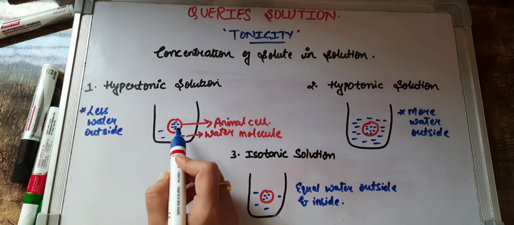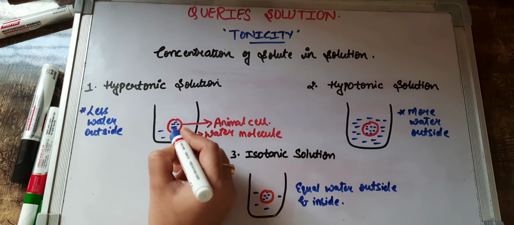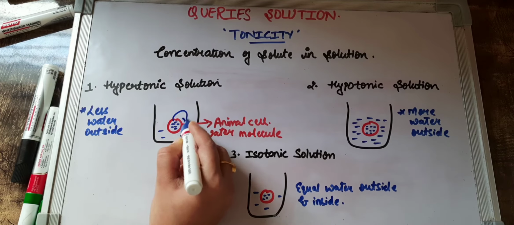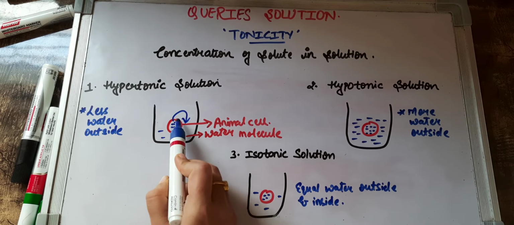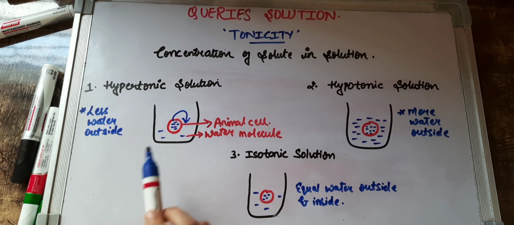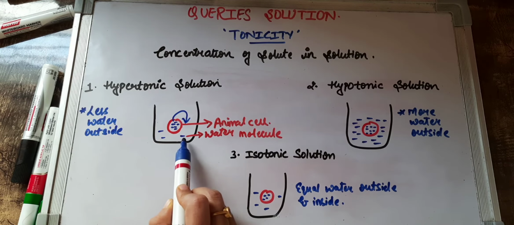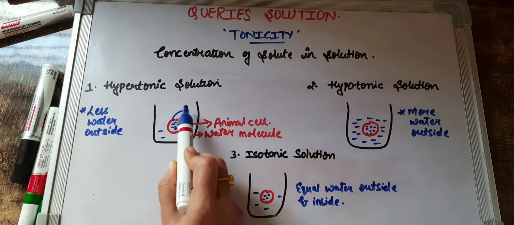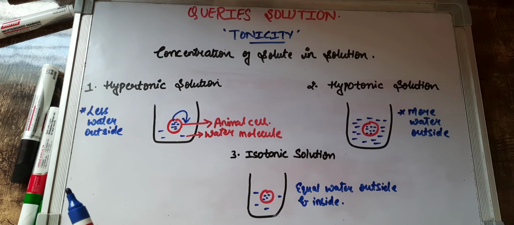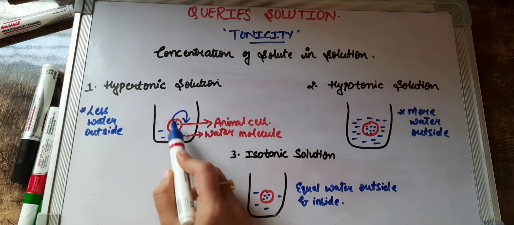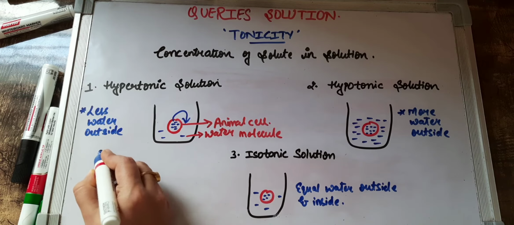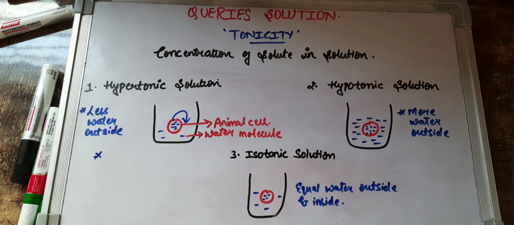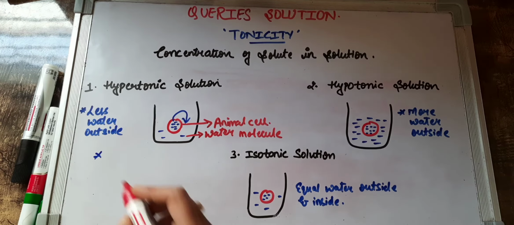So in this condition, water will move from inside the cell to the outside. Why from inside? Because here the concentration of water is higher. Outside, in a hypertonic solution, the concentration of water is lesser. So since the water will move from higher concentration to lower, what will happen in this case? If the cell keeps on losing water, what will be the nature of the cell? Majorly, children, the cell is going to shrink.